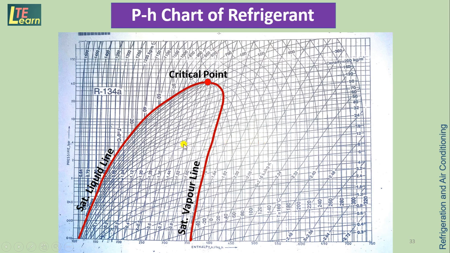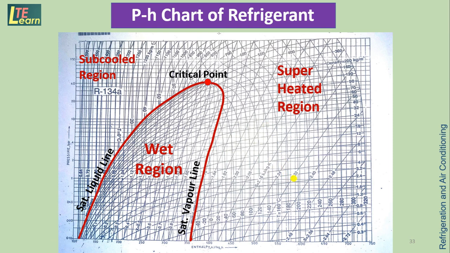Now because of this bell-shaped saturated curve, this total area of the pH chart is divided into three regions. Left side region is called as subcooled region. In the bell-shaped curve, this is wet region, and right side is superheated region.